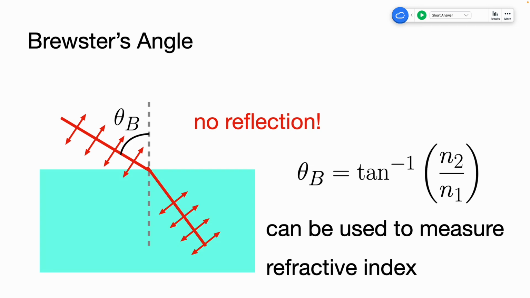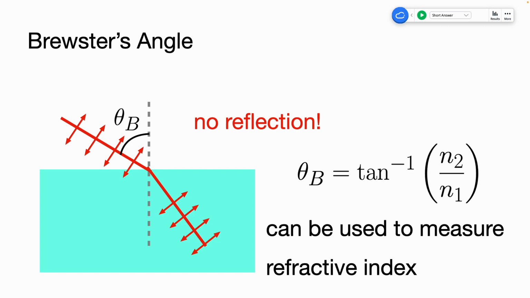Is this only for water? Anything. Anything with a refractive index will have a Brewster angle, only for this polarization. If you use light with polarization perpendicular to the incident plane, then there will always be partial reflection. There's no such thing as Brewster angle for this polarization.